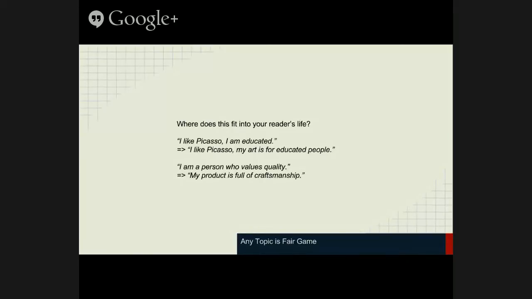So the one question I really want anybody to think about before they put anything out there on the blog is, if you can talk about, hey, this week I have a cartoon, and look, it's being featured in the local paper. That's very interesting, but that's about you. Whereas if you write about that cartoon and you talk about how it fits into your reader's world, for example, hey, when we think about it this way, it makes us laugh, it makes us see the funny side in things, that's going to appeal to people who are looking for that kindred spirit, or who are looking for that feeling or memory that they connect with.